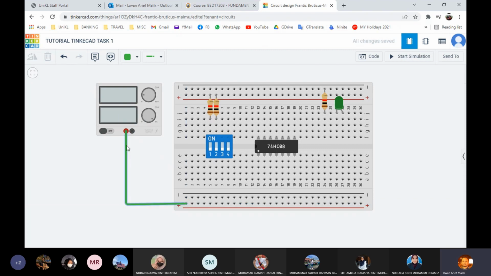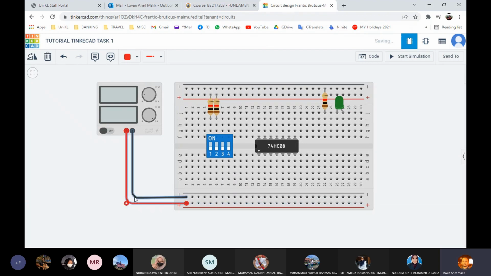And then you can change the color. I prefer red for live, for the source, and for negative I like black. So I know black is for ground and red is for VCC. You may rearrange them.